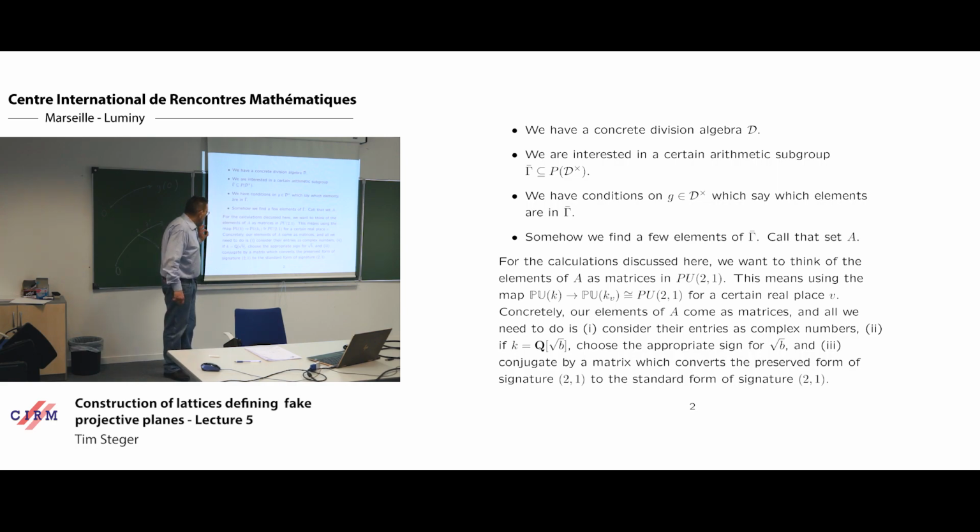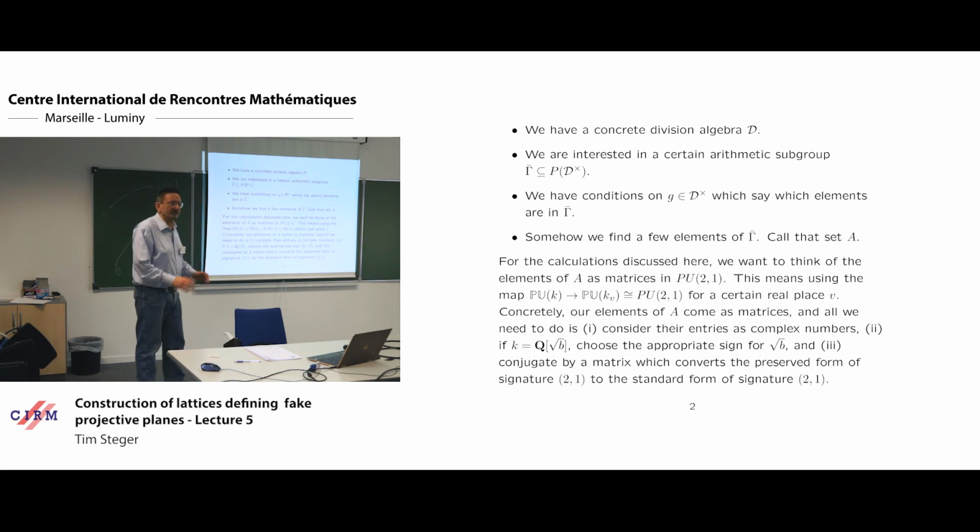And also the form that will be preserved is not the standard form, so it's quite convenient to conjugate by some matrix to get it into the standard form. And then this set of elements that we have becomes a set of matrices in U(2,1) in the completely ordinary way. And I did the calculations that I'm about to describe using floating point arithmetic.